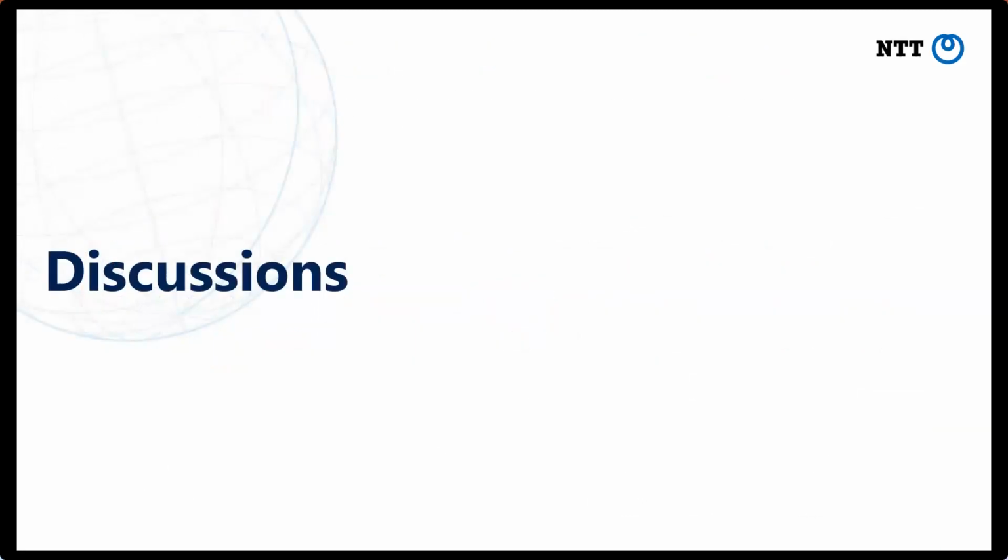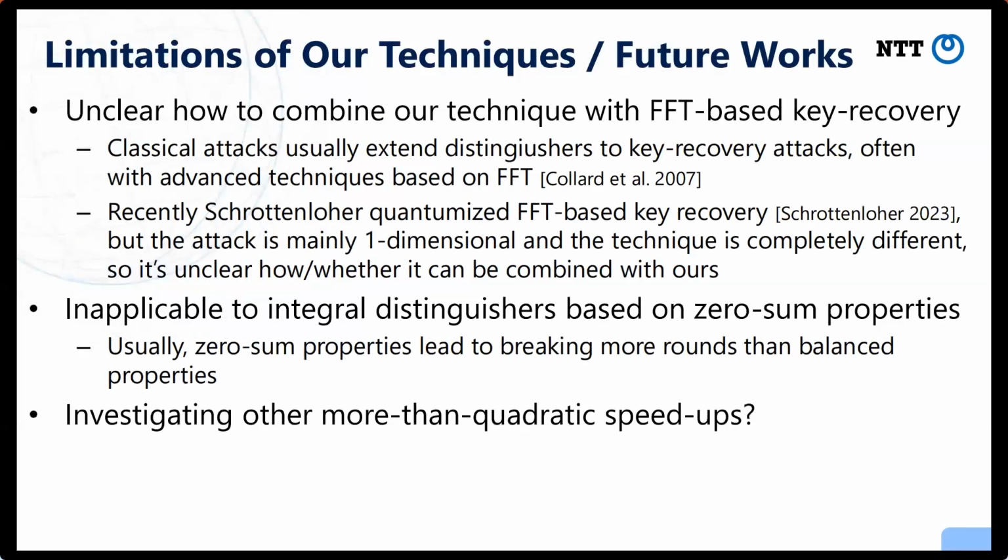And next, I'd like to provide some discussion about limitations of our technique and some future work. The first limitation of our technique is that it is unclear how to combine it with FFT-based key recovery. In the classical setting, distinguishers usually extend to key recovery attacks, and sometimes this is done by using advanced techniques based on FFT, the fast Fourier transform.